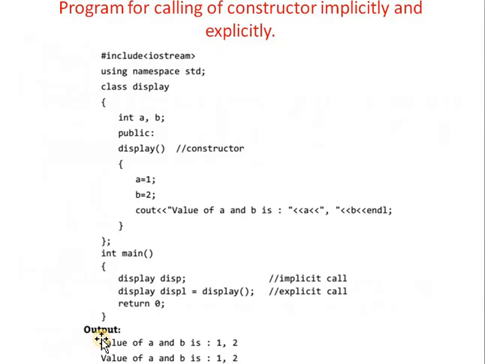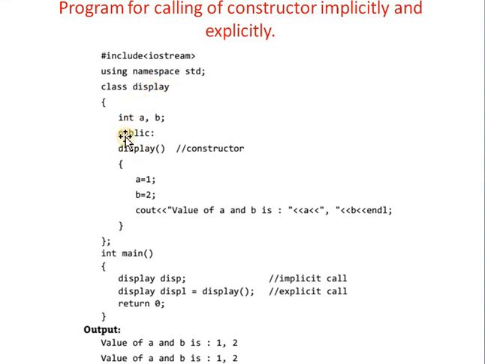For example, see this program. In this program, Display is one class. In that Display class, there are two member variables, data members, A and B, which are of integer type. Then in the public section, the constructor is called Display because it has the same name as the class name.